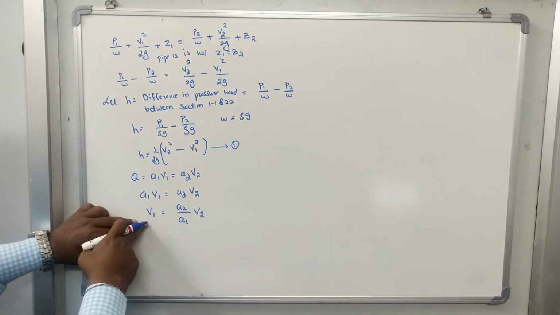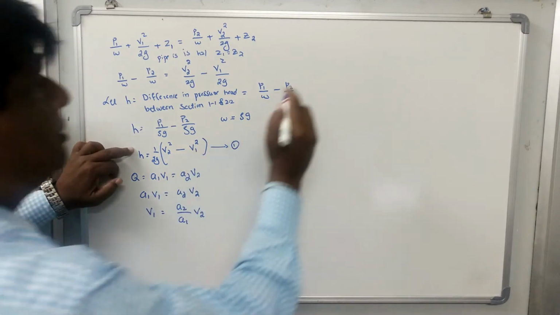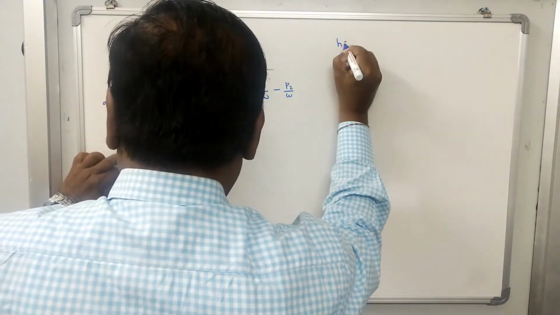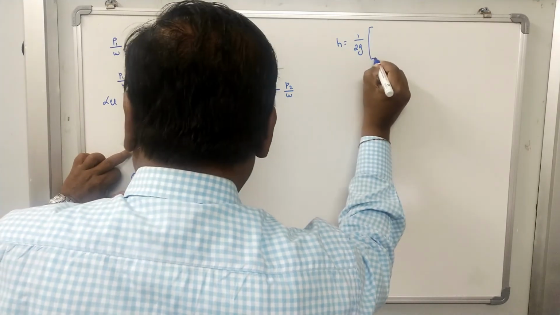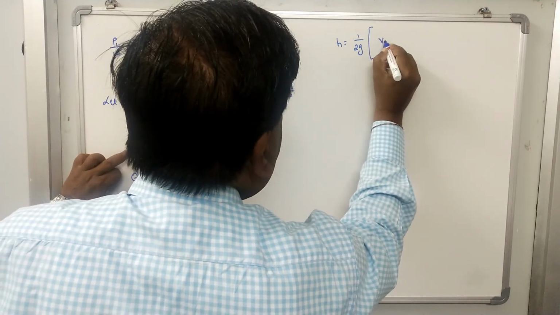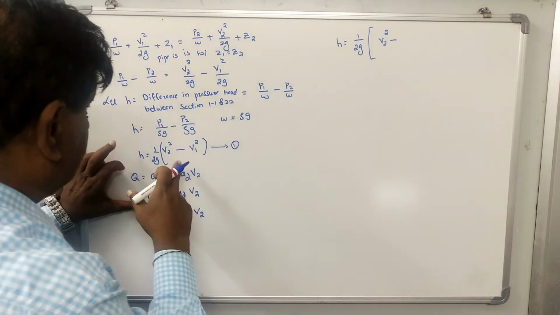Now substitute the value of V1 in the equation for H. H is equal to 1 by 2G inside the bracket V2 square minus V1 square.